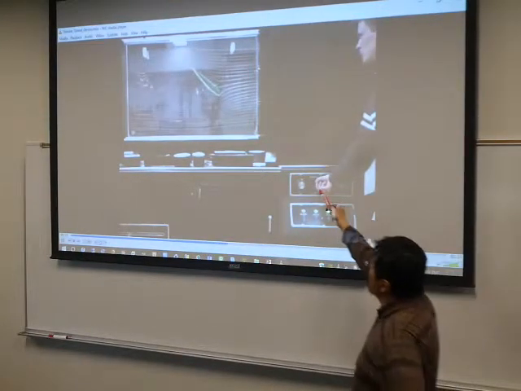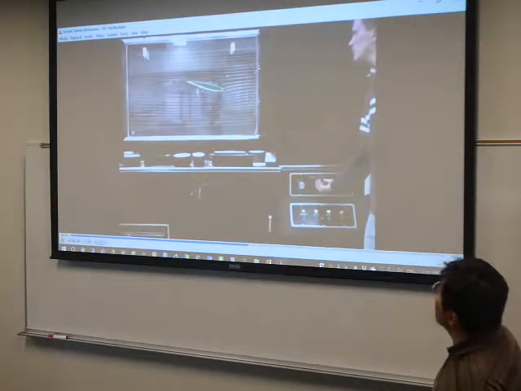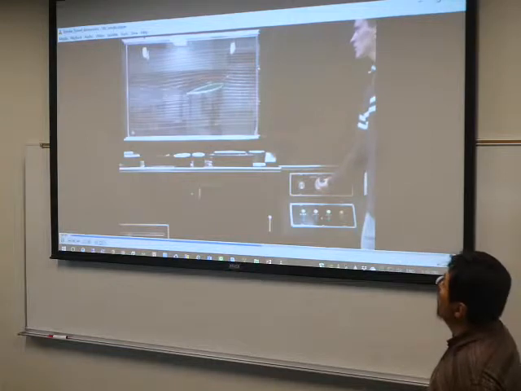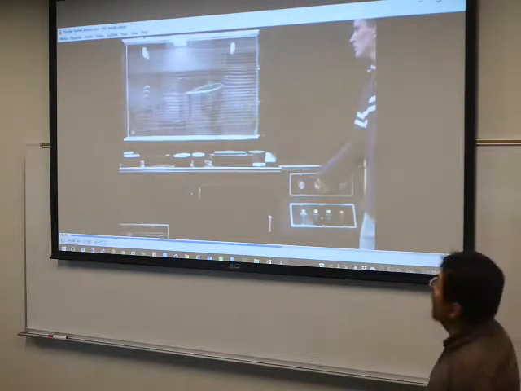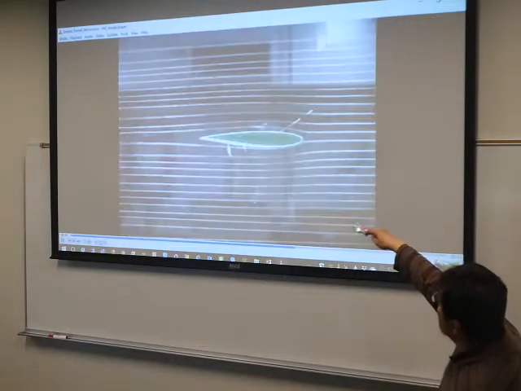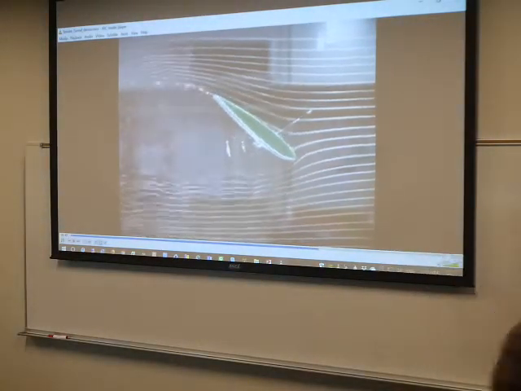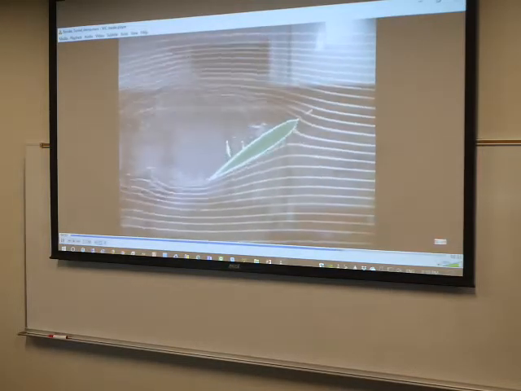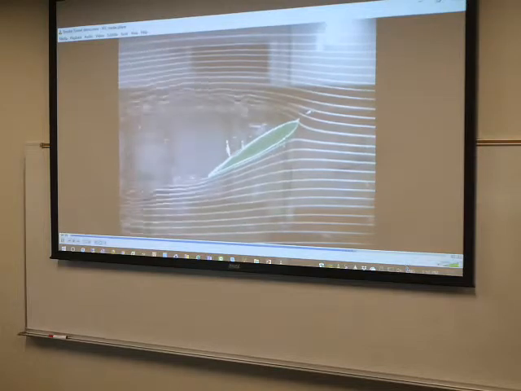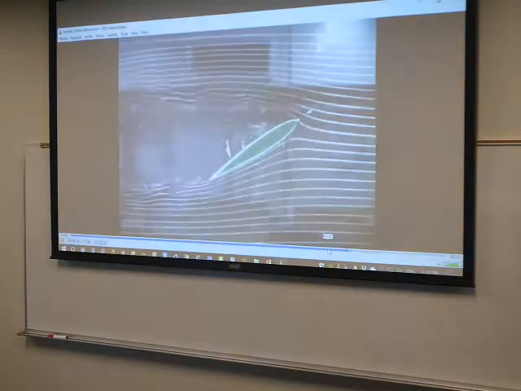So upstream of this wind tunnel, you have a wire. That wire is heated up, and then you're going to drop the oil. That oil is burned, and then creating small tiny smoke particles. And that is going to be continuously provided to the flow field, so that you can visualize the flow field. This is called smoke wind tunnel. So you can take a look at the flow field by looking at these lines.